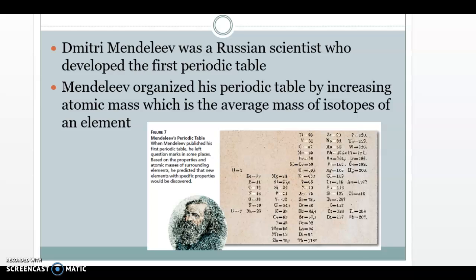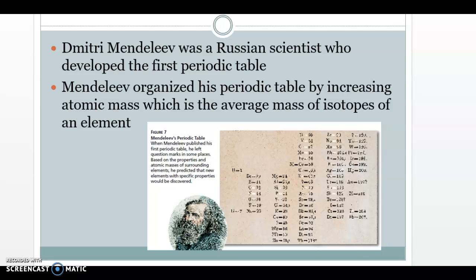What's cool about what he did is he was even able to recognize that there were some holes in there, and so he actually predicted that certain elements would be discovered, and he was right. They were discovered within years of his periodic table and were placed right where he figured there'd be an element that needed to be placed. So it's pretty cool what he came up with.